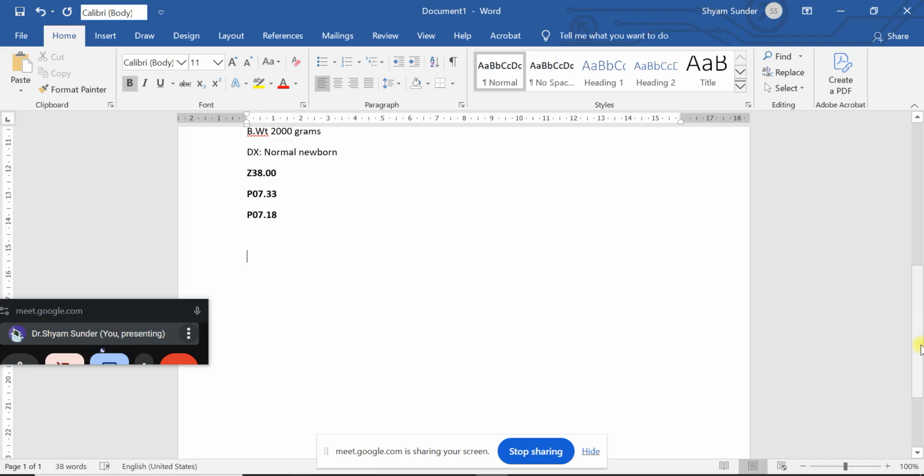But what we were talking about, the first primary code should be coming from the O series. Any idea which O series code you take before the F series? O80, postpartum? O80 is normal delivery, right? O80 is normal.